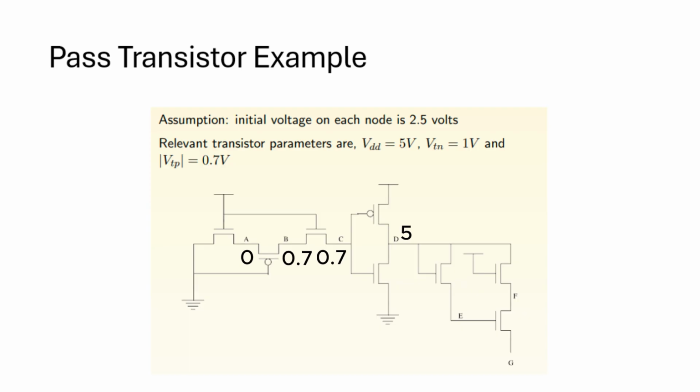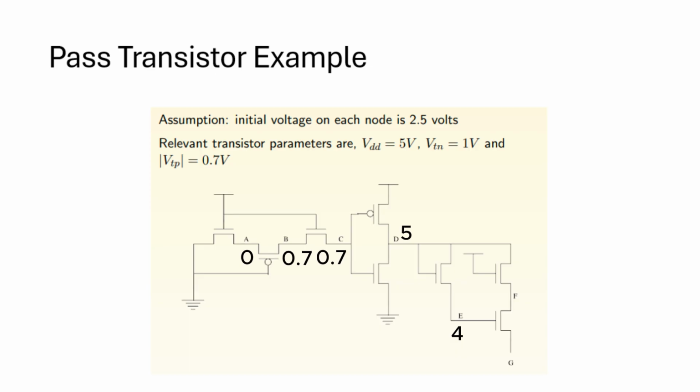In this case, the gate voltage is 5 volts, so it will be turned on, and the input is also connected to this 5 volts, that is the node D. So input is 5 volts, which is logic 1, and as we know that an NMOS transistor passes a weak 1 or a degraded one, the output will be degraded in this case. By how much? By VTN. So the output will be Vin, which is 5 volts, minus VTN, which is 1 volt. So the output at node E will be 4 volts.